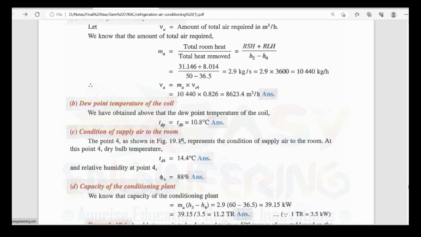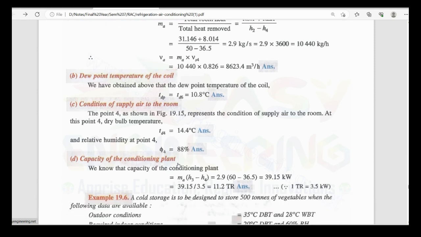So point 4 is at 88% relative humidity and 14.4 degrees Celsius dry bulb temperature. Generally, the air entering the room has high humidity, and its temperature is near the dew point temperature of the coil, or apparatus dew point temperature, ADP.